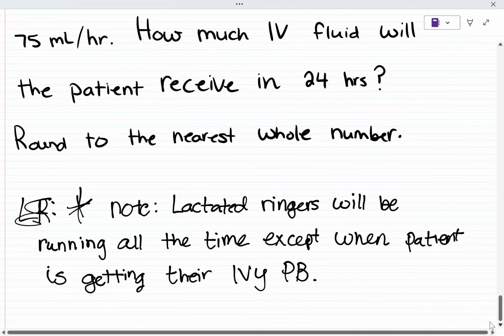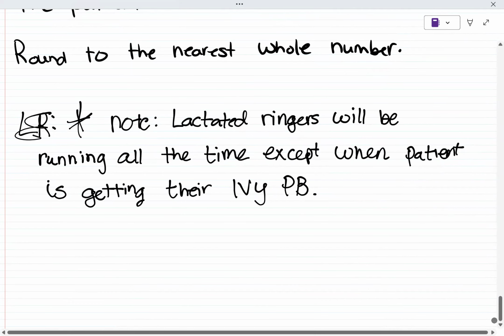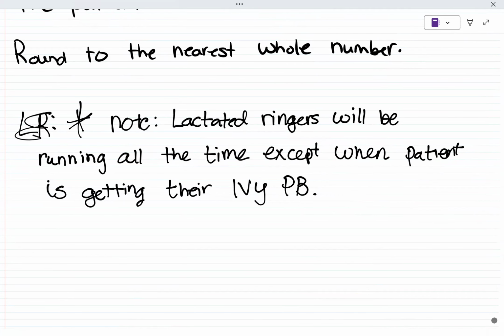Okay, so let's keep that in mind. Lactated Ringer's will be running all the time, except when the patient is getting their IV piggyback. So let's do the lactated Ringer's. So what did they say about lactated Ringer's? It said the patient has an LR ordered at 125 milliliters in their peripheral IV.